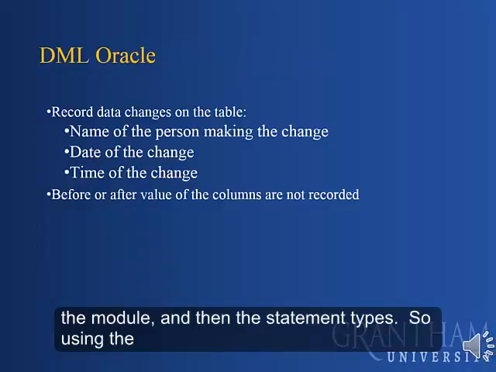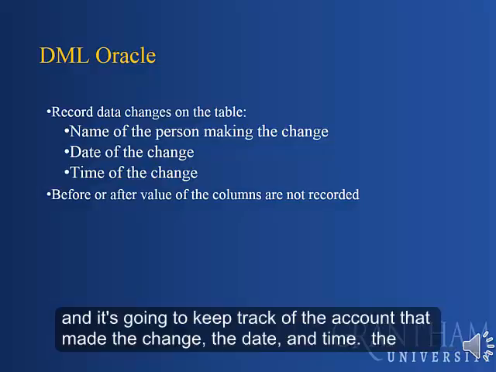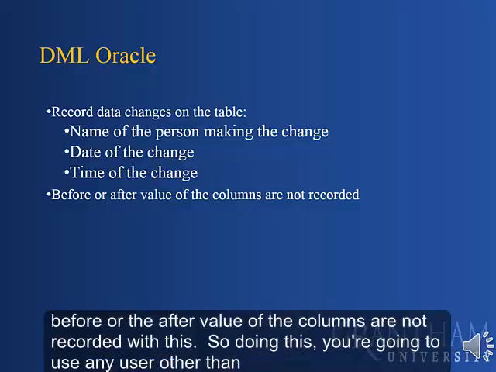So using the data manipulation, you can record the data changes on the table, and it's going to keep track of the account that made the change, the date and the time. The before or after value of the columns are not recorded with this.